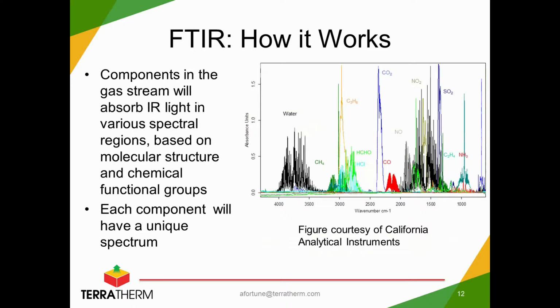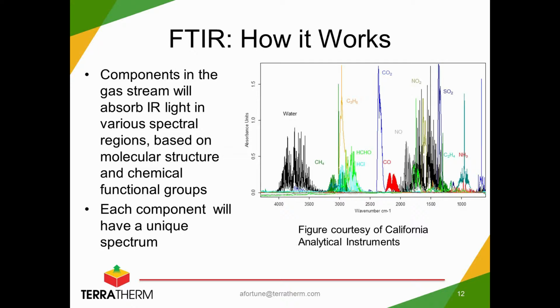The different components in the gas stream will each absorb infrared light in various spectral regions based on their molecular structure and chemical functional groups. So this figure here is just an example. This is not one from our site, but a theoretical example showing in different colors the different spectral regions and the different fingerprints or patterns that different contaminants will display.